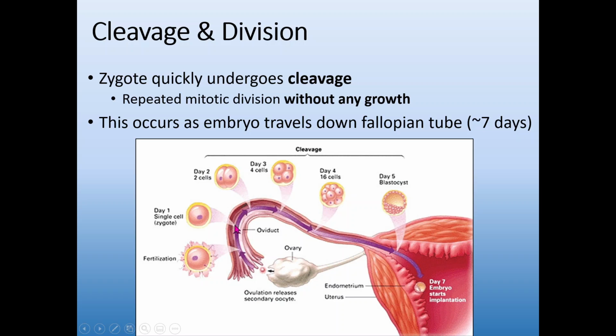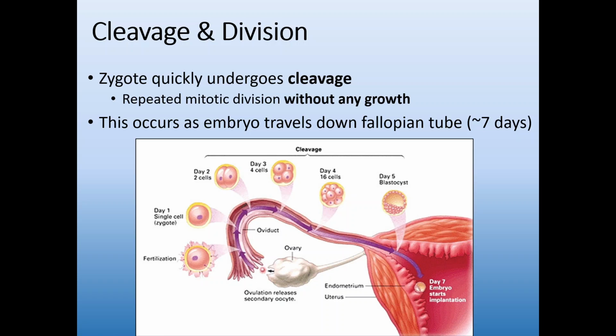This is all going to be happening while still within the fallopian tube. I mentioned that fertilization happens very close to the ovary, at the beginning of the fallopian tube. Once that egg is fertilized, it can start to migrate through the fallopian tube, but it's a slow process. The zygote does not have any type of flagella to propel itself, unlike the sperm. But there is a very slow, natural drift of the fluid within the fallopian tube, and it creates a current.